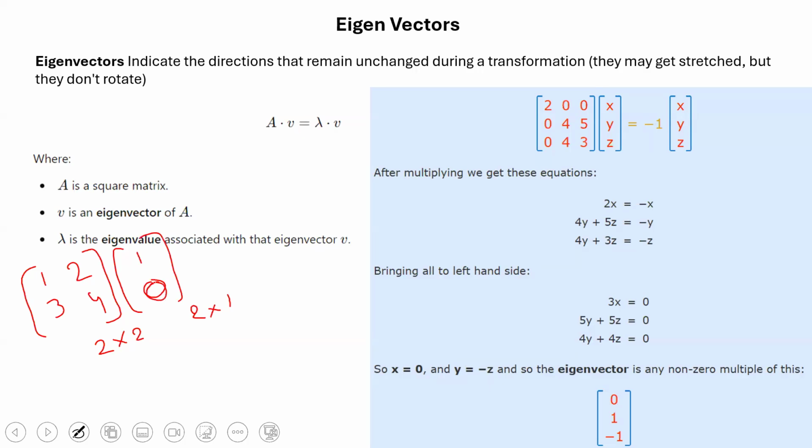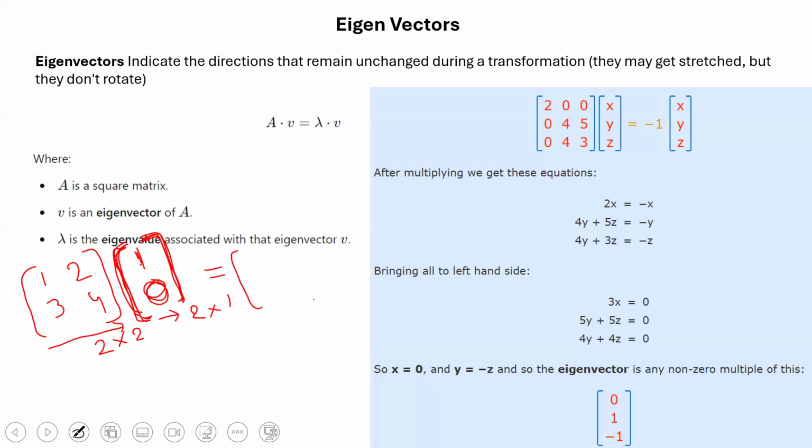Now I'm trying to transform this matrix by multiplying it with a vector. A vector can be represented in column form in this way. So I'm multiplying the matrix with a vector. Now what happens if I calculate this?